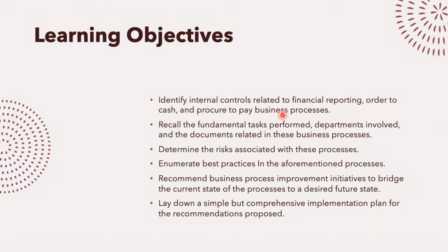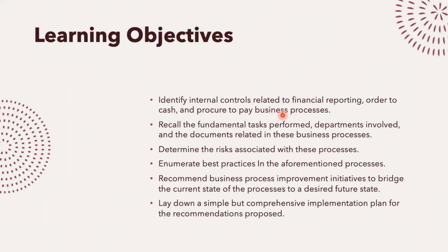May mga dinagdag akong flow chart for you to understand these processes, because some of these processes are not really different from what we have discussed in the accounting information system, such as the revenue, the expenditure cycle, and the GL slash FRS, no?